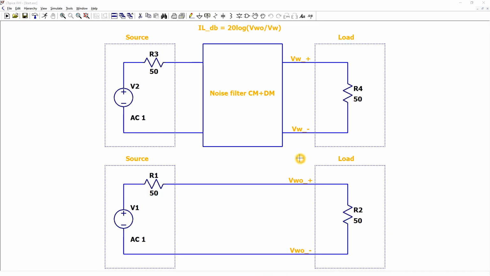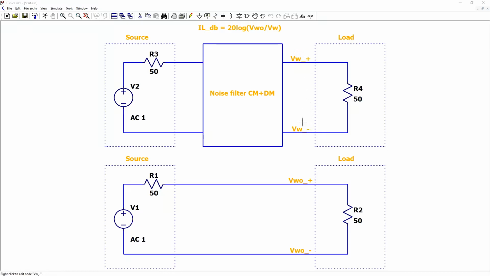The classic way to test filters in reality can be seen in the example of a sinusoidal source of known amplitude and variable frequency in a 50 ohm system, with source impedance and load impedance of 50 ohm. For each frequency we will plot the insertion loss in dB, which is equal to 20 log of the voltage without the filter divided by the voltage with the filter.